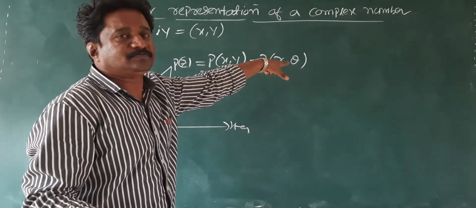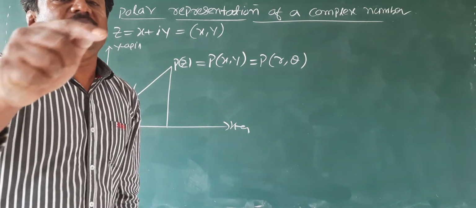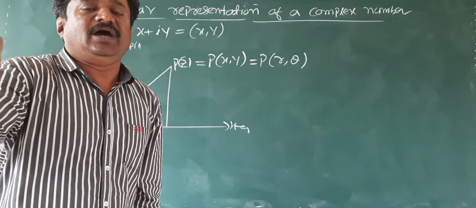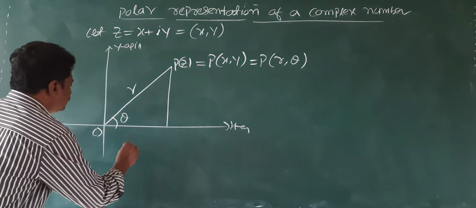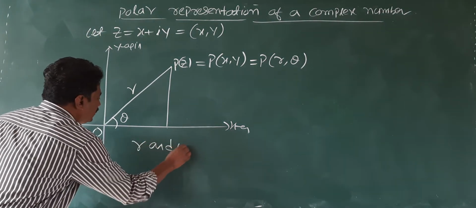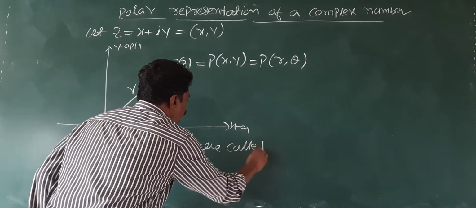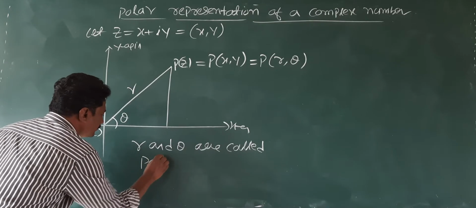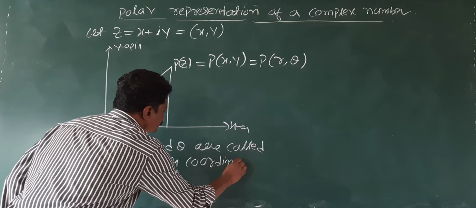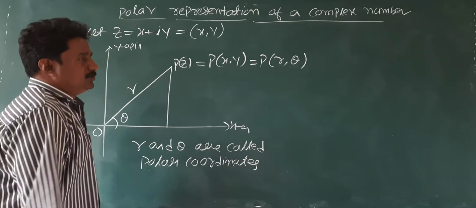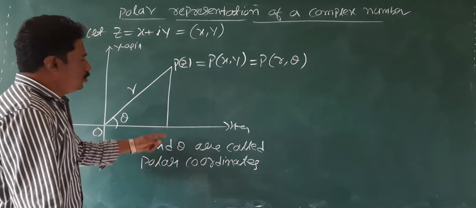The coordinates r and theta are called polar coordinates.